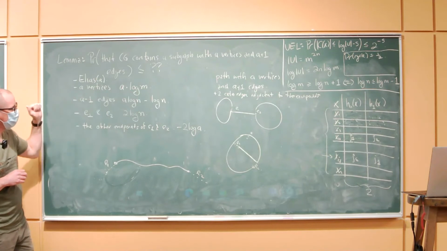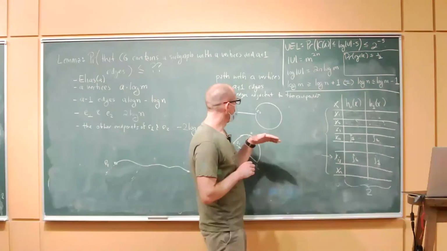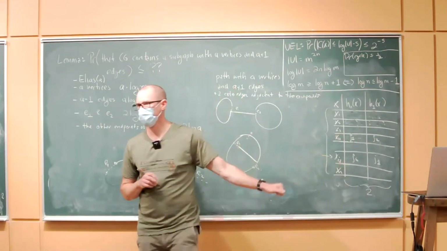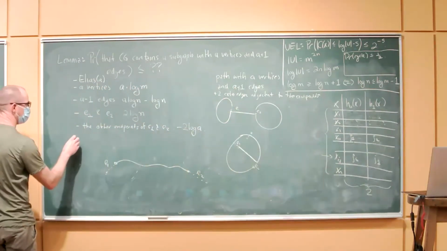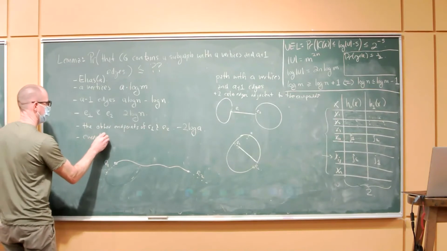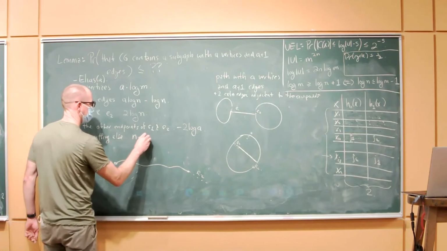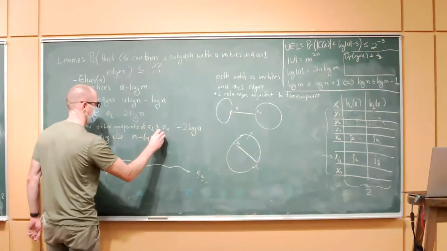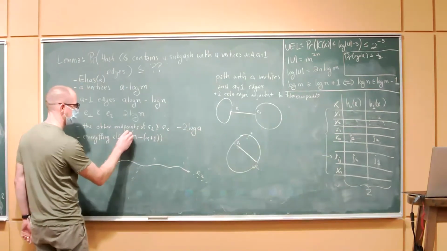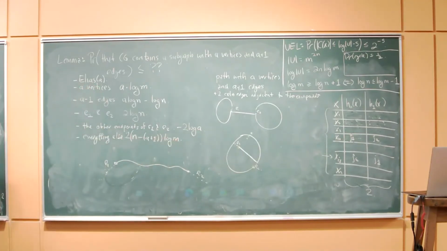And now I know everything about that, which means that I know A plus 1 rows of this table. And now everything else, which is n minus (A plus 1), that's the number of rows of the table that I don't know yet. And each row takes 2 log m bits to specify.